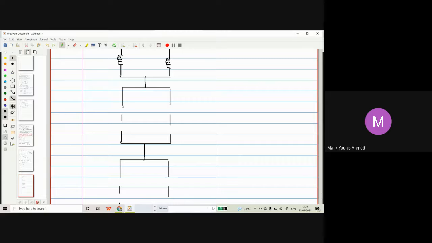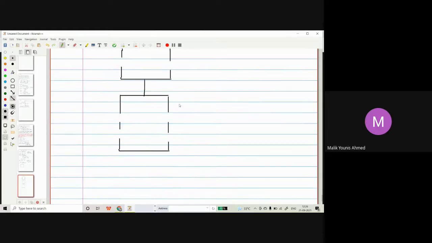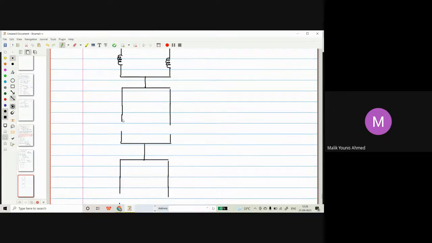Here there is no voltage source, no voltage source. Similarly, here there is no voltage source, no voltage source. We have impedances here. Sorry, impedance here also.